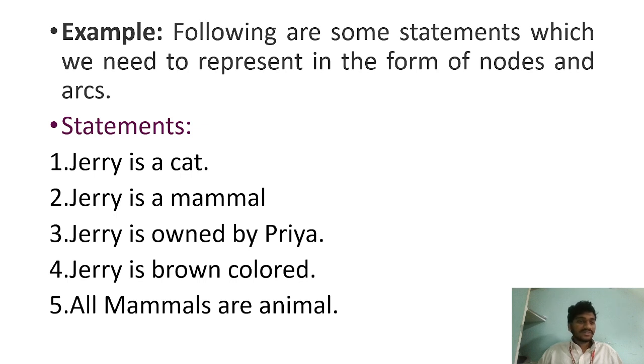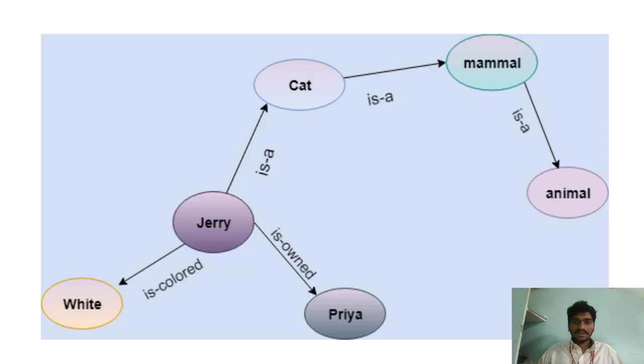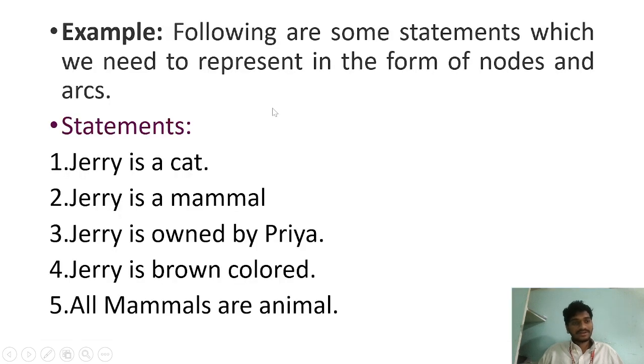The first statement is Jerry is a cat. In the first statement, Jerry is an object and cat is also an object, but it is a generalized object and Jerry is a specialized object. It means Jerry is an instance of the cat.